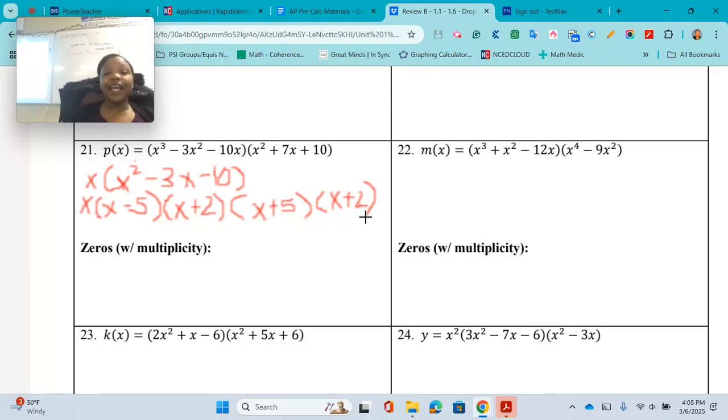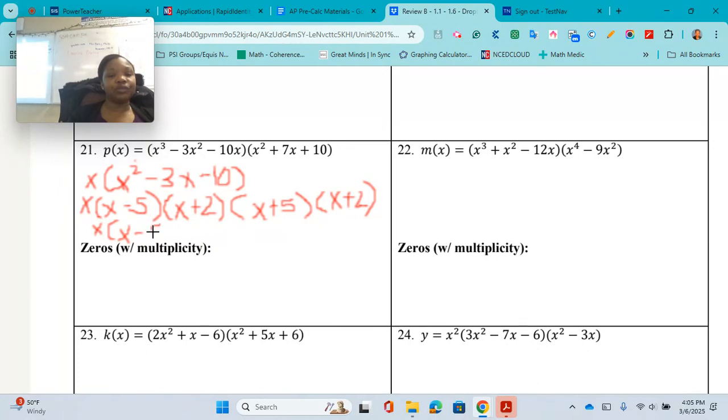All right. And let's combine some of these so we can get the multiplicities. We have x, and we have x minus 5. But the x plus 2, we could change that to what?